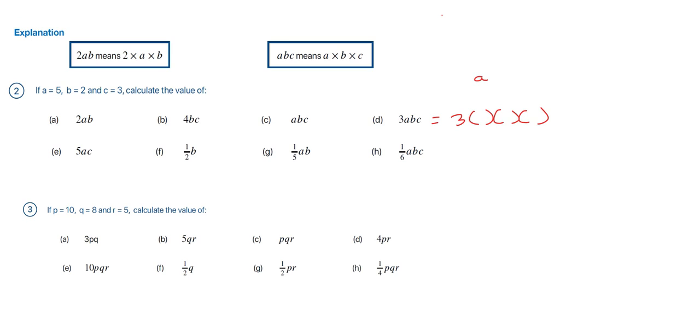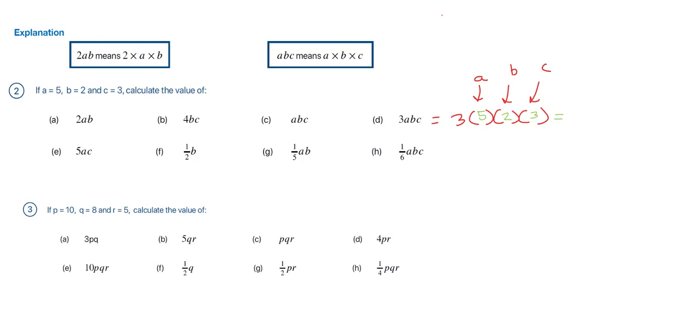Now this parenthesis is a posh word for bracket, represents a, this bracket represents b, and this bracket represents c. So let's perform the substitution. We know that a is 5, we know that b is 2, and we know that c is 3.